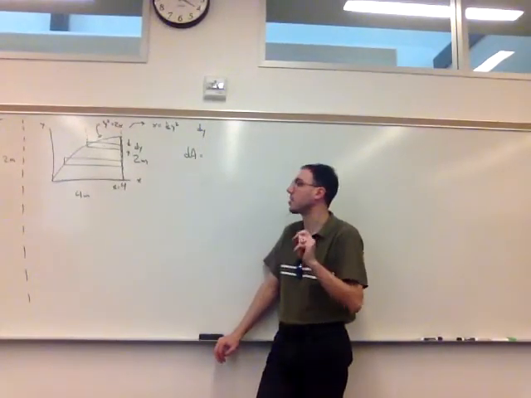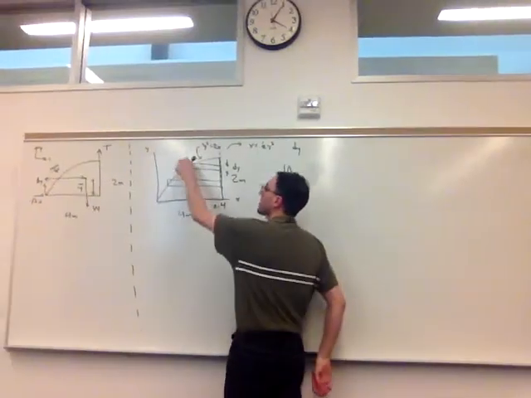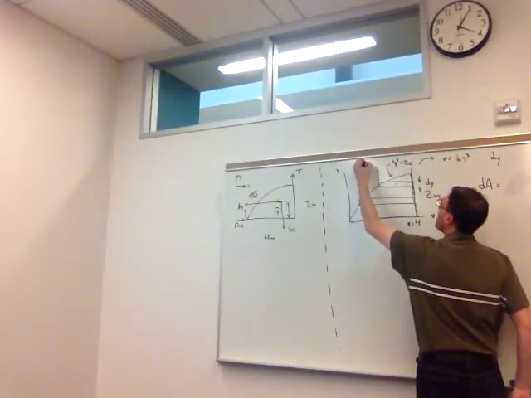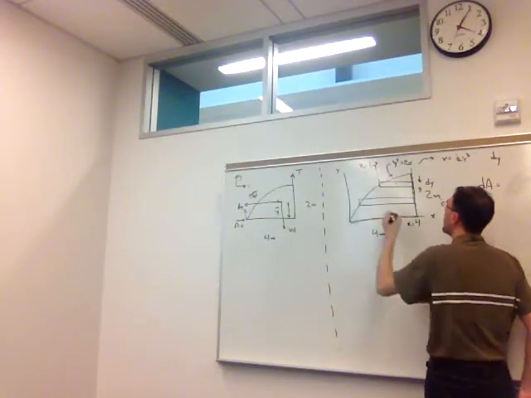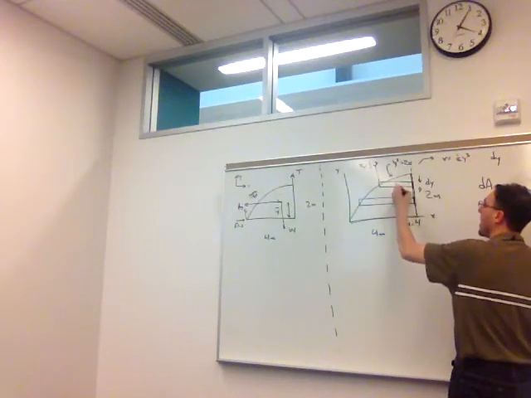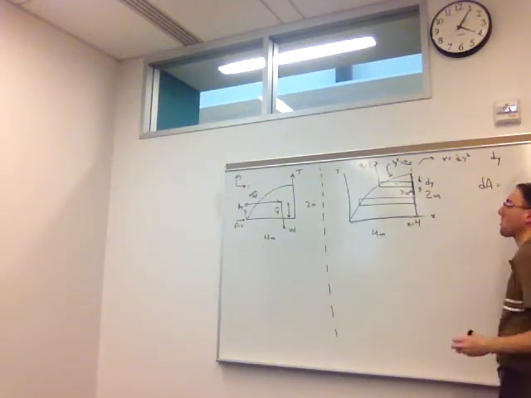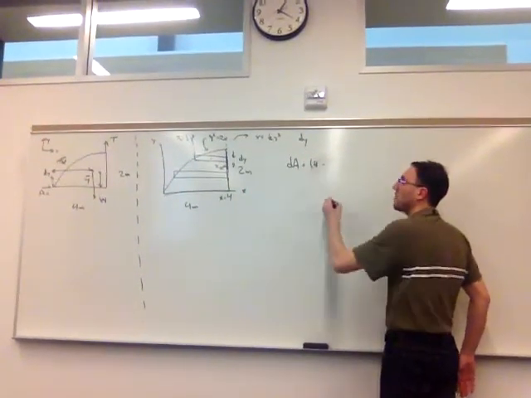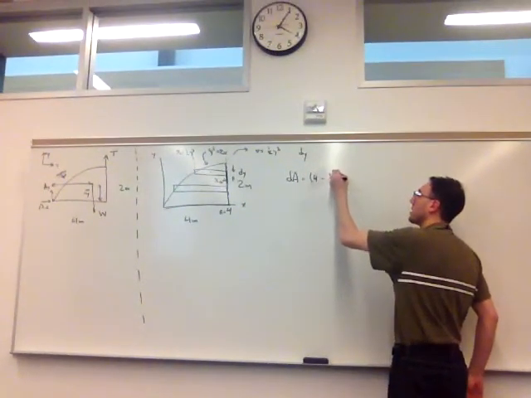Everything will, in this case, be in terms of y. So the left side is defined by x equals 1/2 y cubed. And the right-hand side, I'll call it x sub r, is always at 4. So the length is going to be the right side minus the left side.